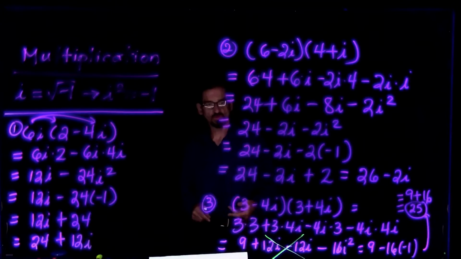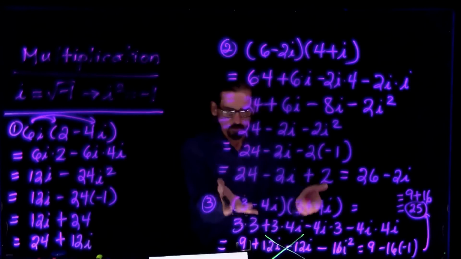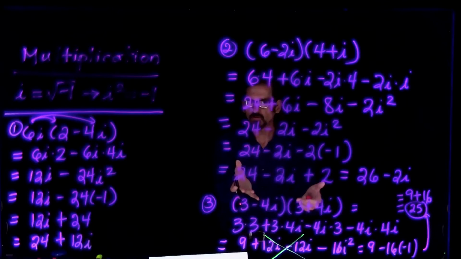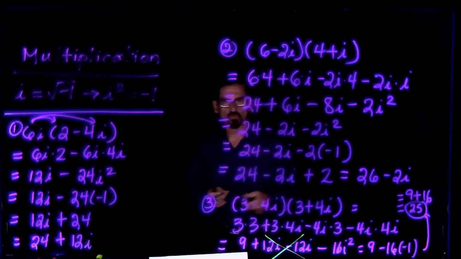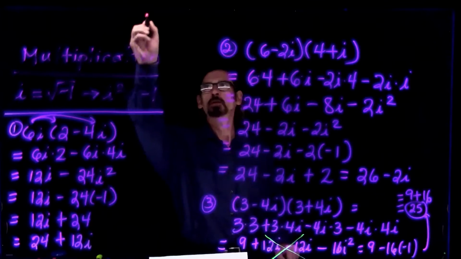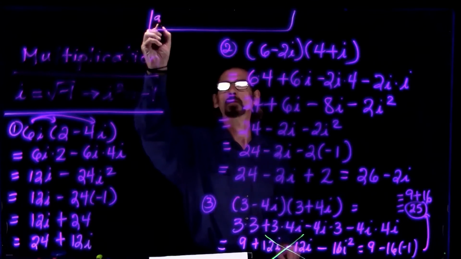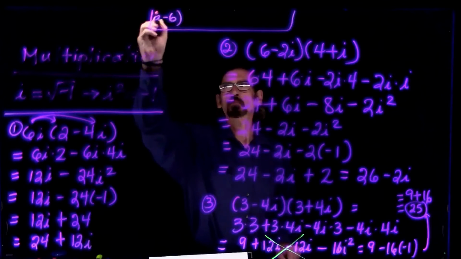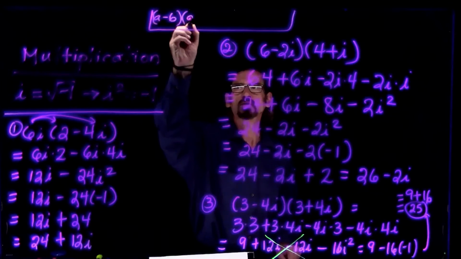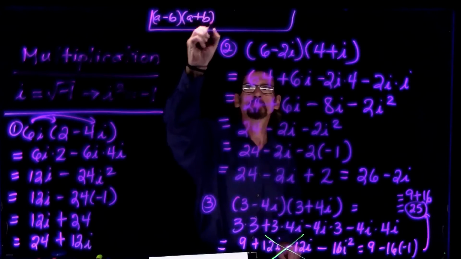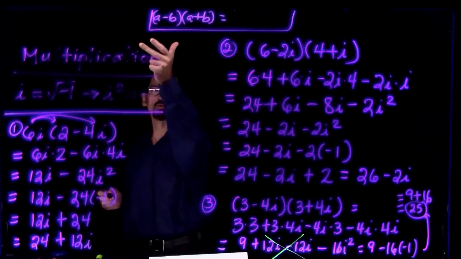Also, we could have made this easier. This appears to fit the difference of two squares form: the quantity a minus b times the quantity a plus b, and the order could be reversed.